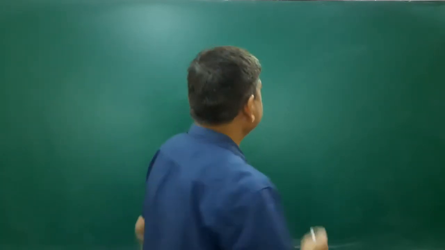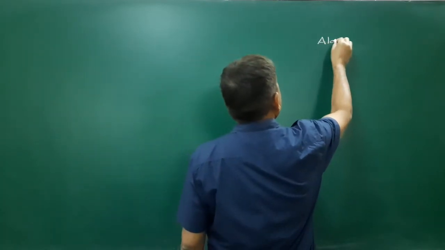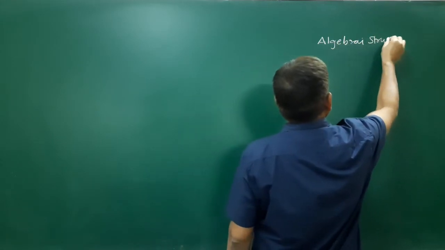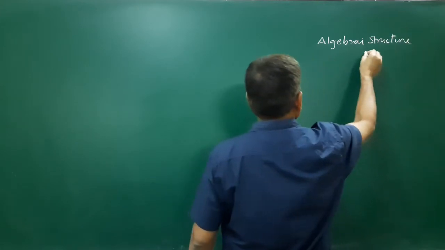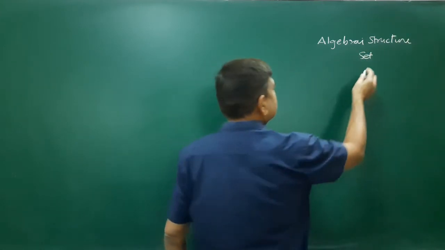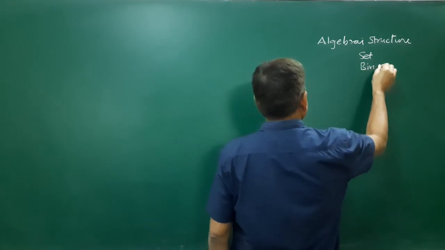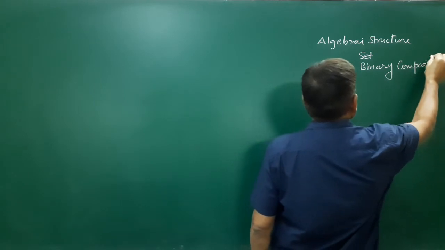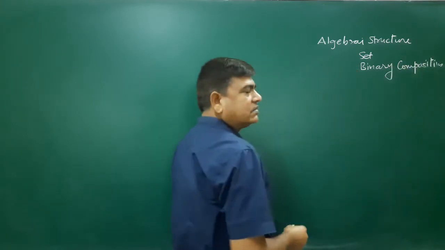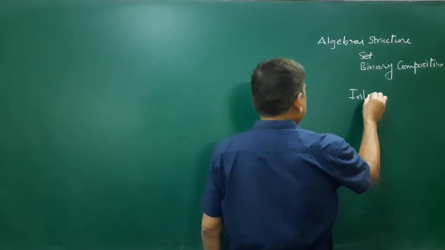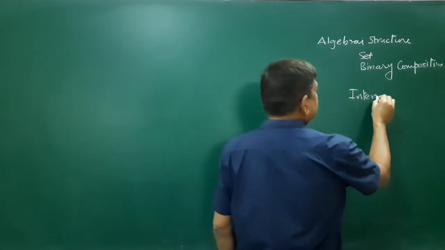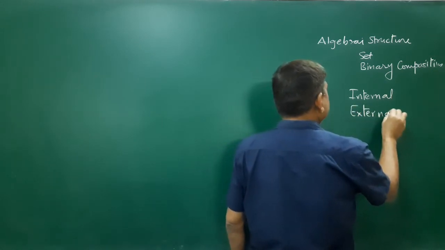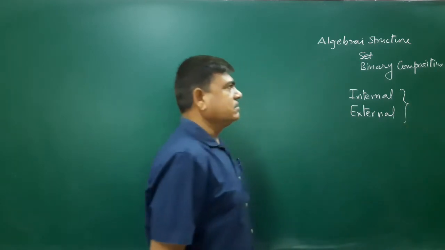We have done algebraic structure under this set, binary composition. It is divided into two parts, internal and external composition.